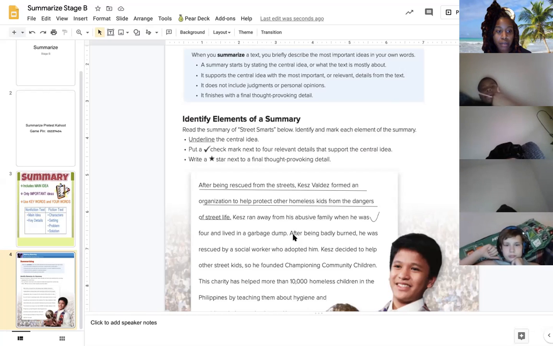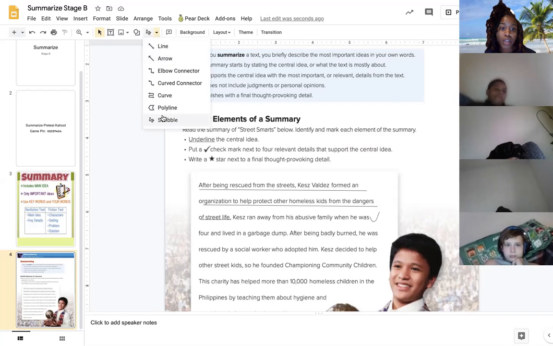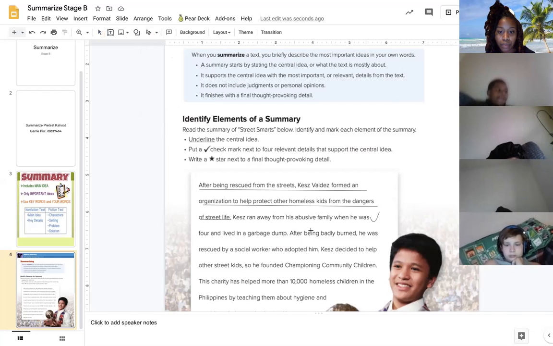Thumbs up or thumbs down? It's relevant. It's giving us more. Remember, details tell us more. They give us more information. So this is something that we should know. So I'm gonna put a check here. That's our second detail. Aiden, read the next sentence.